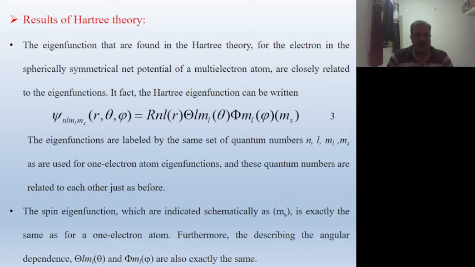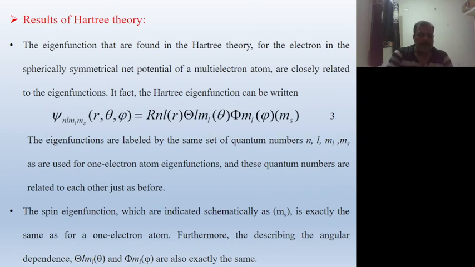The eigenfunctions are labeled by the same set of quantum numbers n, l, ml and ms. We already discussed in the last chapter that these are used for one-electron atom eigenfunctions, and these quantum numbers are related to each other just as before.